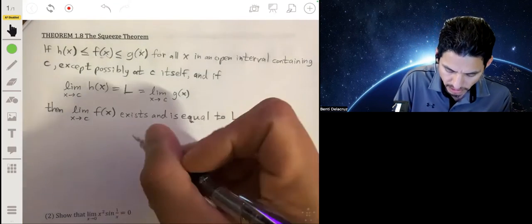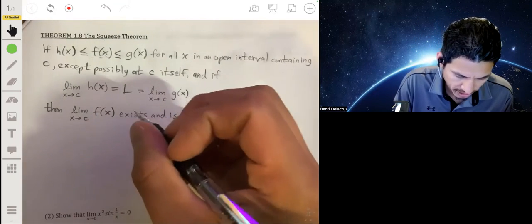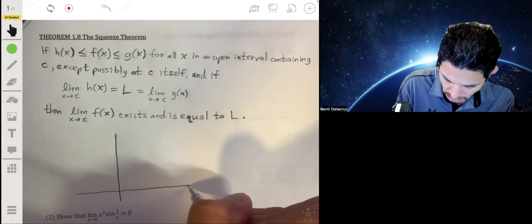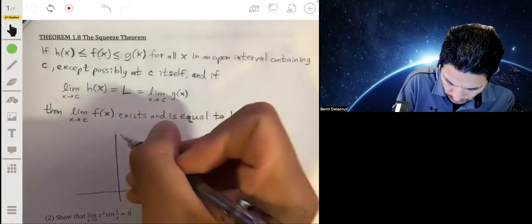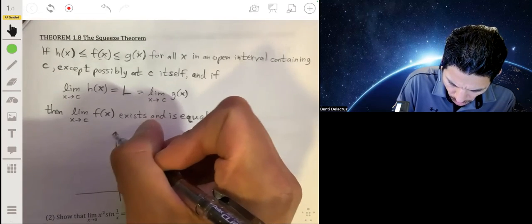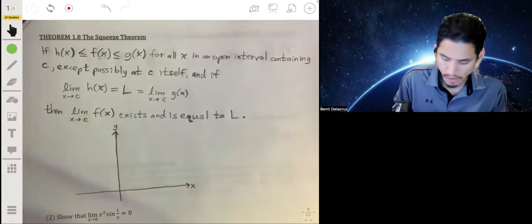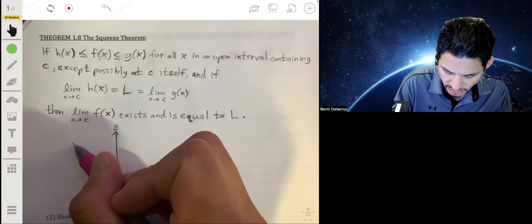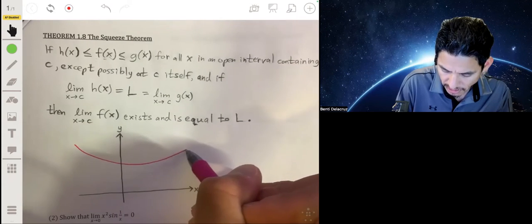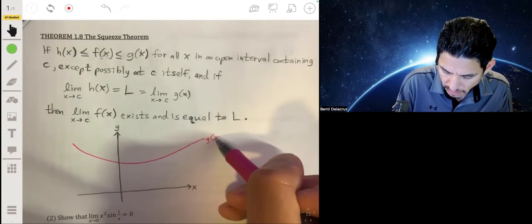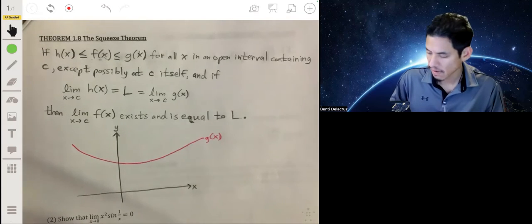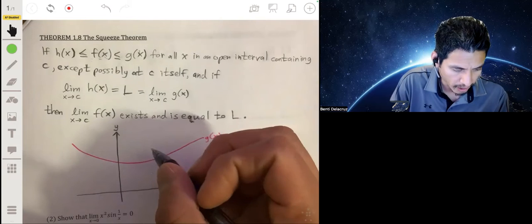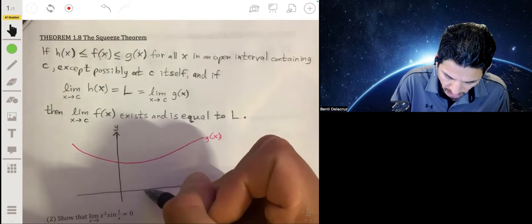So let's draw a picture of what this looks like geometrically speaking. Let's draw our x, y axes. And remember, g of x is going to be the top always. That's the greatest function. So say g of x is maybe like this. That's our g of x. And we're going to have our c value, let's say it's right here.